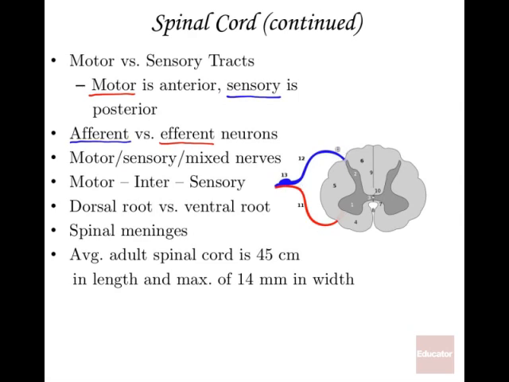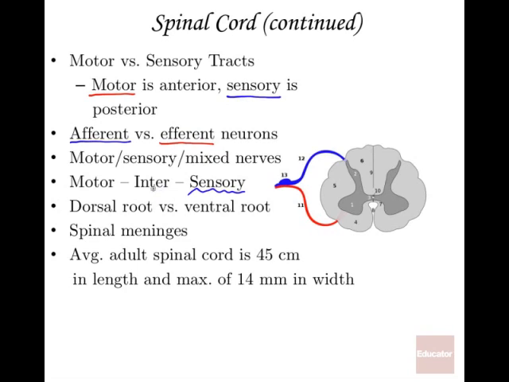When we look at what's going on inside of these tracks, motor, inter, sensory basically means if you have a signal coming into the body, by coming into the body, I mean something, let's say, touches your skin, and then you want to have the sensation of that come to the spinal cord and the brain so you can react to it. The sensory part is definitely the coming in, right?